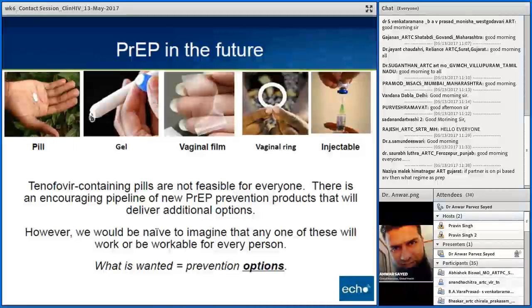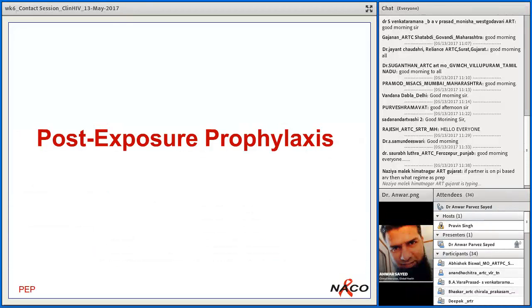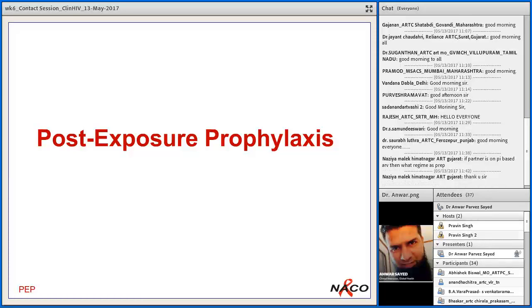But if you are talking about the fact that a partner who is HIV positive is on PI based regimen because the first line ARV has failed, and the recipient or the negative partner might have the exposure to HIV resistant virus, then we don't know. Again, as I said, there is no data to support whether PrEP will be effective in that person or not.